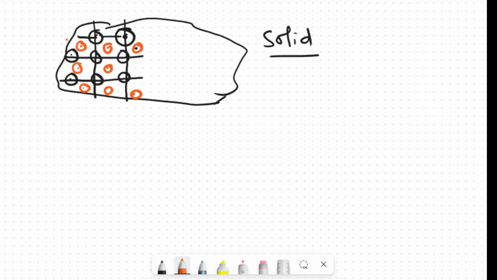Now, in case of solids, the conduction takes place because of the vibration of lattice and also because of free electrons.